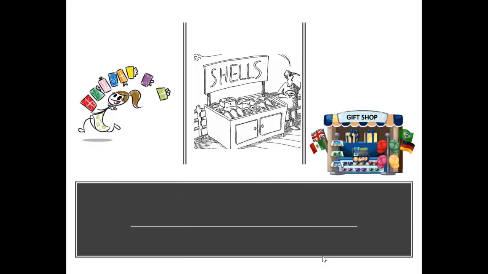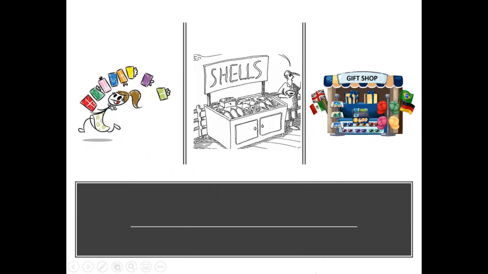Next group of pictures. What do you notice or see? I notice or I see. Well, I notice that this girl has a lot of little gifts or packages. I notice that this looks like a tourist stand where you can purchase souvenirs of some sort.